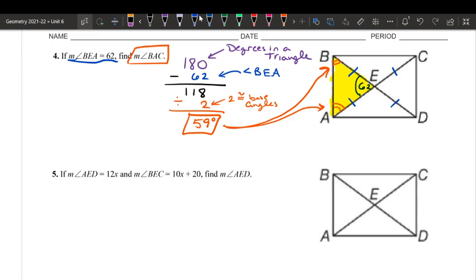Okay? Number 5. The measure of AED is 12x. Okay, so AED. All right, so I'm talking about that angle, and it is 12x.